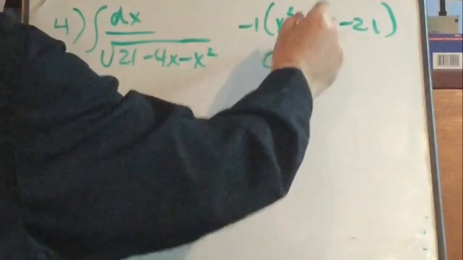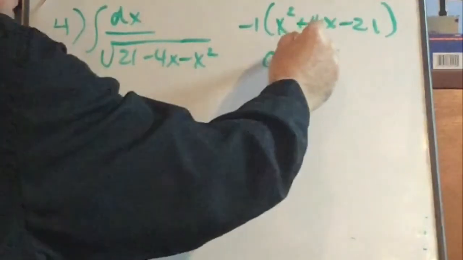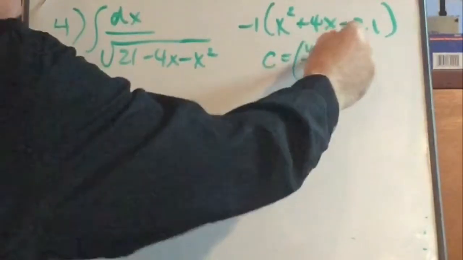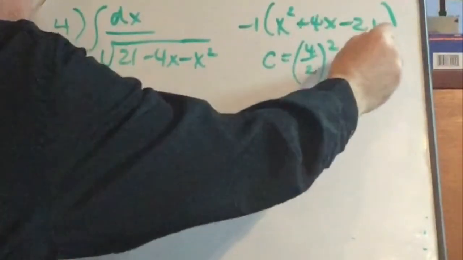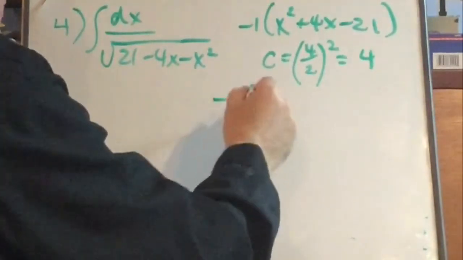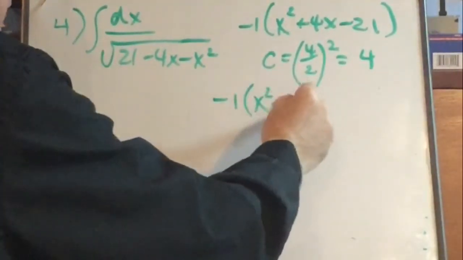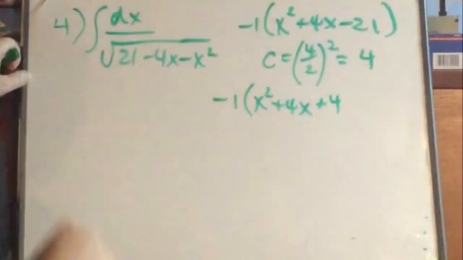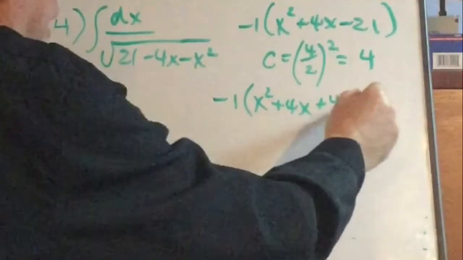My c has to equal b over 2, which in this case is 4 over 2 squared. That's 2 squared, which is 4. And that allows me to rewrite my expression now as x squared plus 4x plus 4. But in order to get down to a negative 21, I would have to subtract off 25.